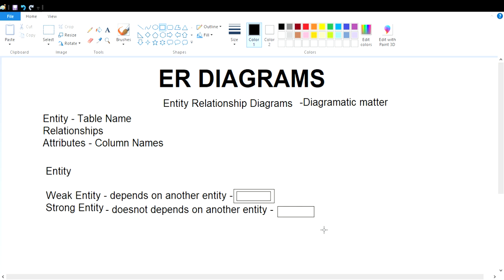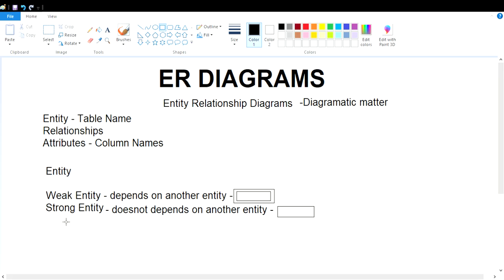For example, if you are taking one table and, for the entire data of the table, it depends on another one, that is called a weak entity. For example, if you want to get the information of some student which is not in this table, we have to approach another table; that type of process is called a weak entity.